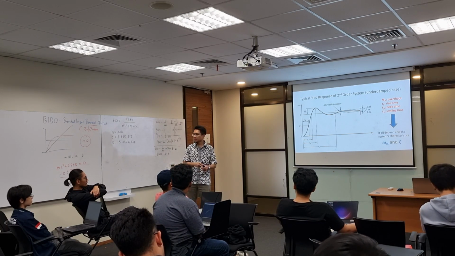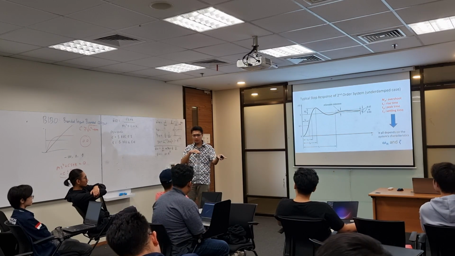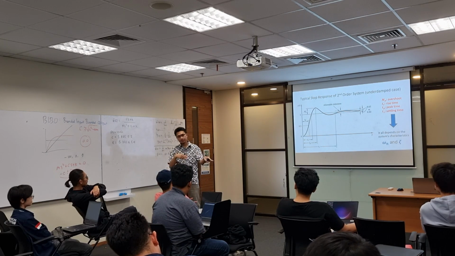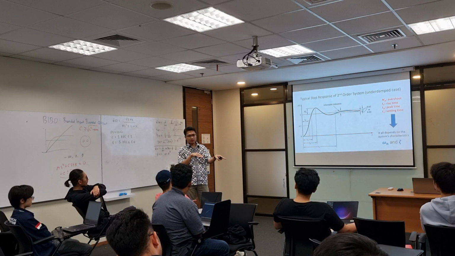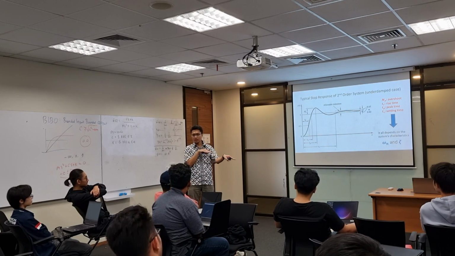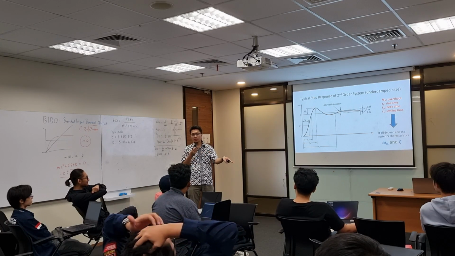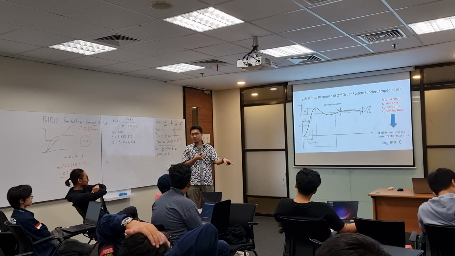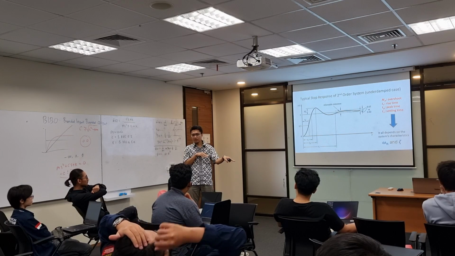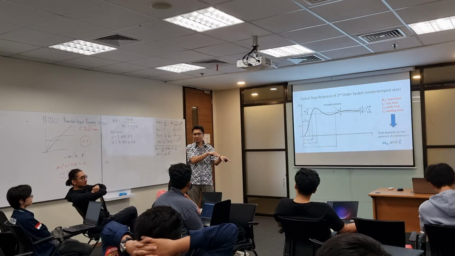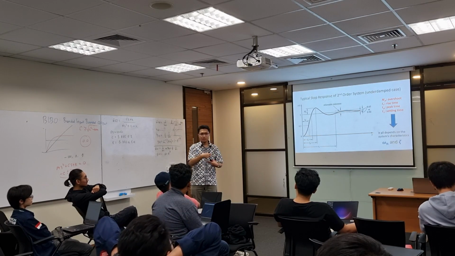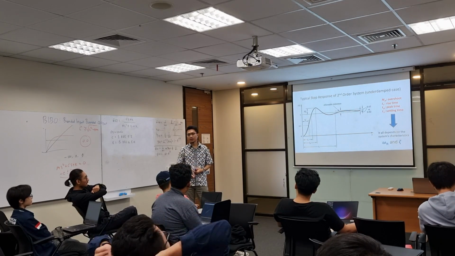Let's say you have a cruise control system that regulates the spacing between two vehicles. You want the overshoot to be less than 5%. If the overshoot is very large, it might hit the front vehicle, right? So that kind of specification you have to check.